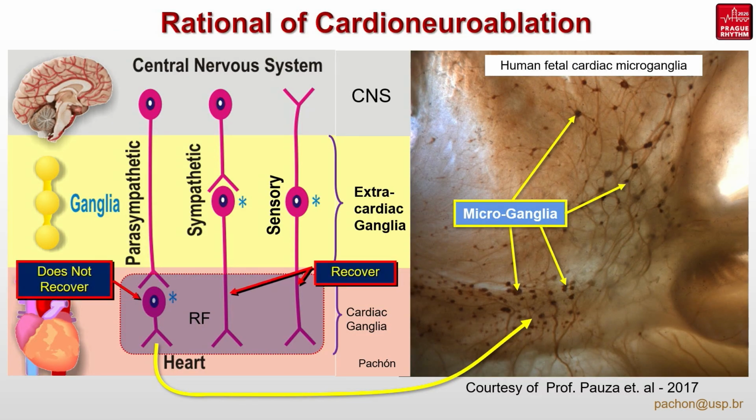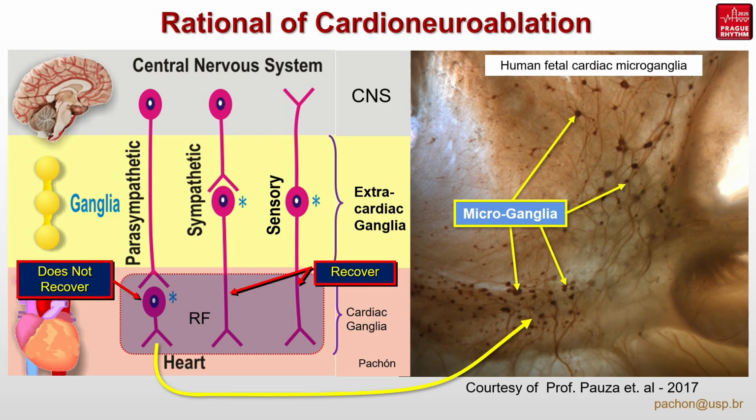Here we can see that cardioneuroablation is based mainly on elimination of the postganglionic vagal neurons that are located in the atrial wall, while the neurons of the sympathetic and sensory systems are located far from the heart.